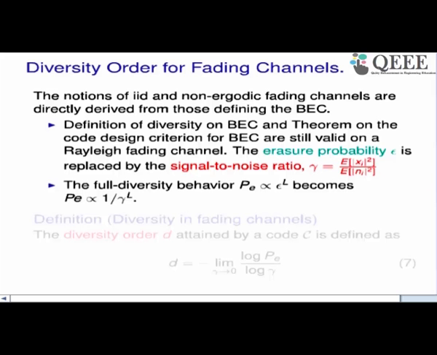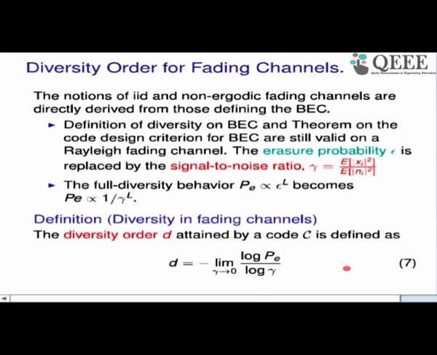now we can define the diversity order of a fading channel. You see that D, the diversity order, is the limit as gamma tends to infinity of minus log of P by log of gamma. See the difference from the previous case: you have a minus sign here as compared to the erasure channel, and instead of epsilon you have the signal to noise ratio term gamma here. So this gives you the diversity order. See now, I hope you now see the benefit of my introduction of the erasure channel.